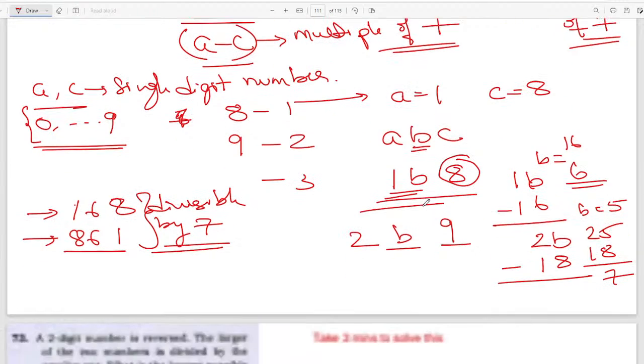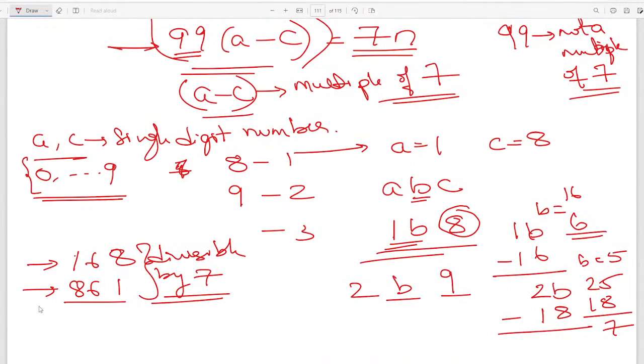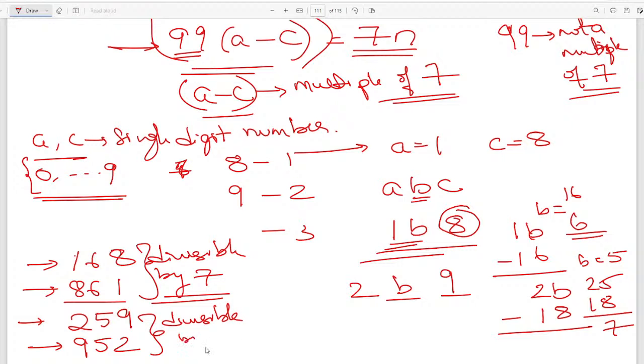So another possibility is 2, 5, 9. Further, if you reverse it, it will become 9, 5, 2. Even these two are divisible by 7. So the total numbers are 1, 2, 3, 4. 4 numbers.